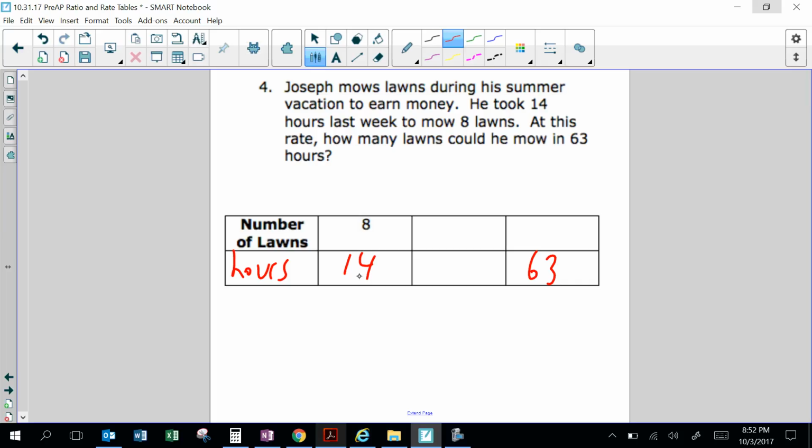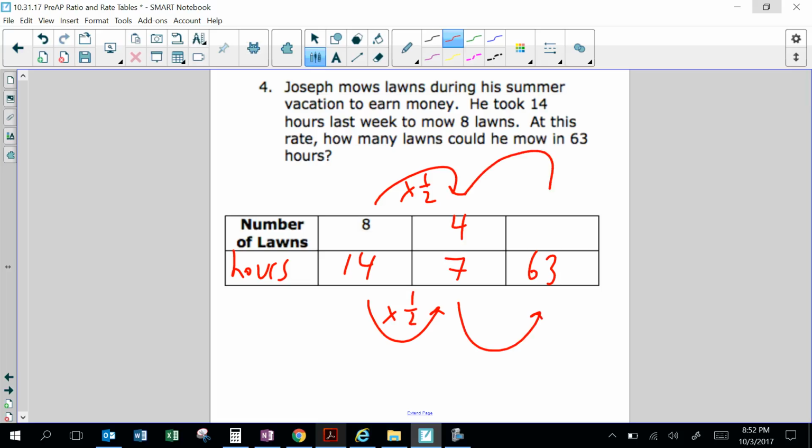What can you tell me? Look closely at this. What type of numbers are these? They're even, aren't they? So what is times half of that, or divide by 2? That would be 4, and that would be 7. Now can you scale forward? How do you scale forward from 7 to 63? Times 9. So he can do 36 lawns in 63 hours.